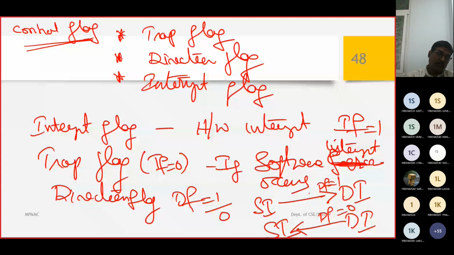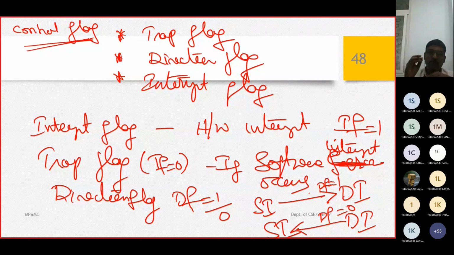So in control flags, we were putting 3 terms. If there is a hardware interrupt, then the interrupt flag is set high. If there is a software interrupt, then the trap flag is going to be set high. That is the distinction.